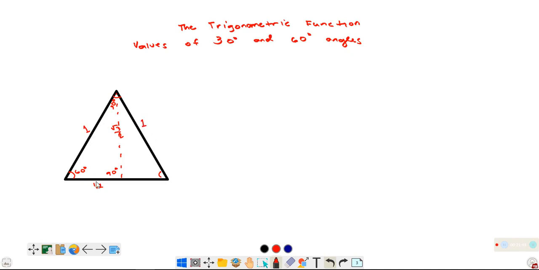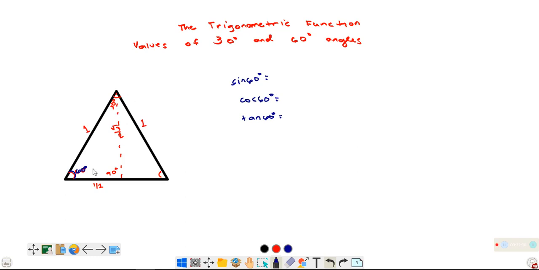Yan. So, doon naman tayo sa 60. Ito naman yung hahanapin natin ngayon. 60 degrees. So, ano ang sine 60 degrees? Ano ang cosine 60 degrees? At ano ang tangent 60 degrees?